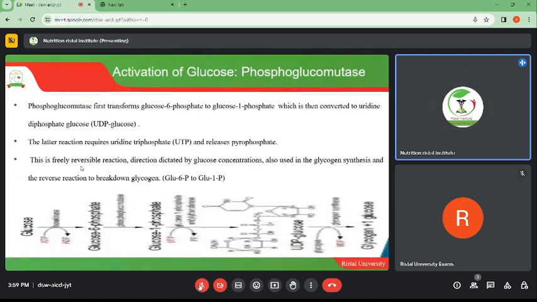The higher the glucose concentration, the more it leads to the forward reaction that forms UDP glucose. When the glucose concentration is low, it leads to the reverse reaction, which will be discussed later on, the breakdown of glycogen molecules.